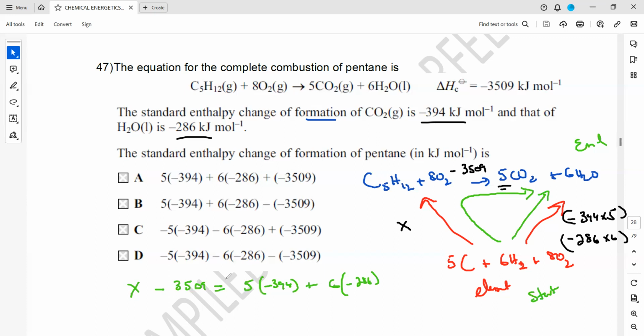And this will go to the other side, so this will become positive. So X will be equal to, because we need X, 5 into minus 394 plus 6 into minus 286, and this was minus here, so this will become plus.